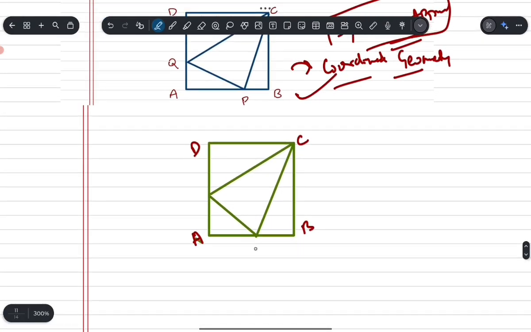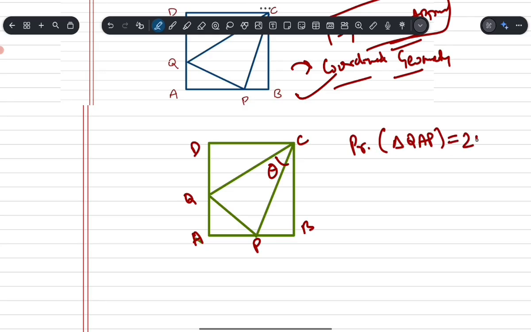We are provided with points P and Q. We have to find this angle. Let's call this theta. Okay. All right. And we are also provided that the perimeter of triangle QAP is 2 units. We are supposed to find angle PCQ.